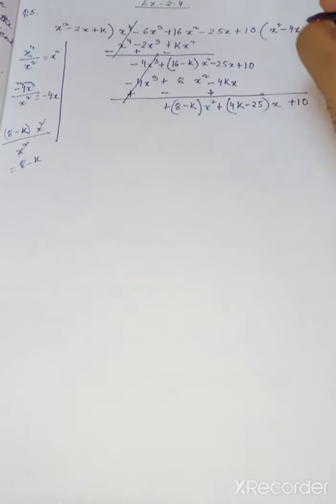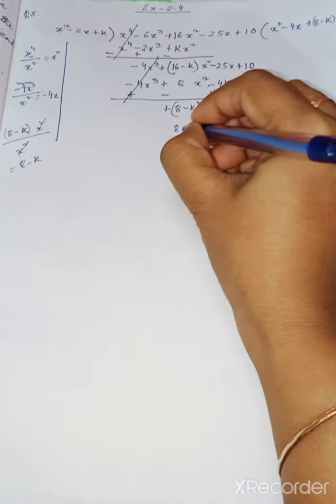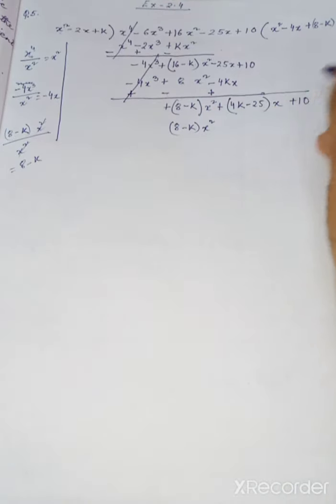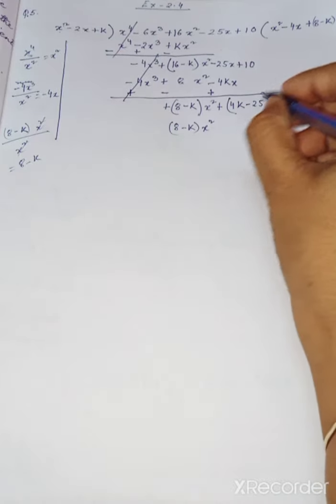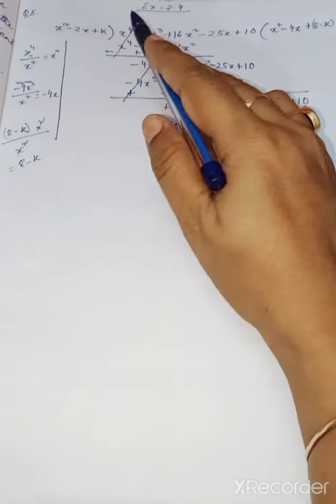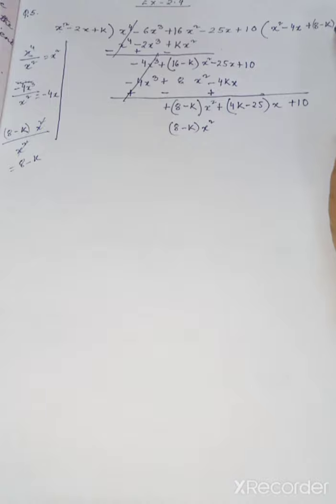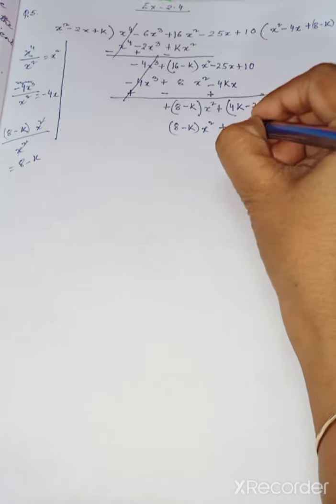So we will multiply with 8 minus k. 8 into minus 2 is minus 16, and 8 minus k into minus 2x, that is plus 2k.